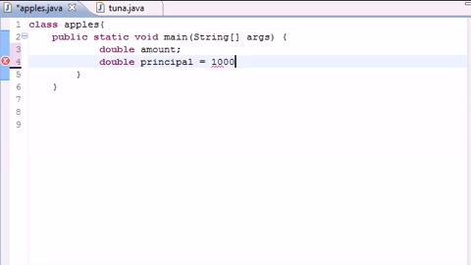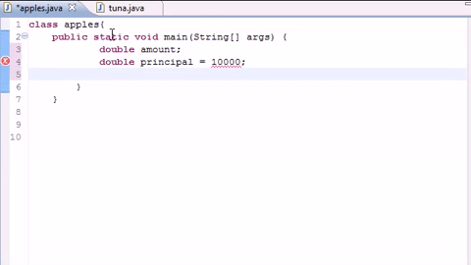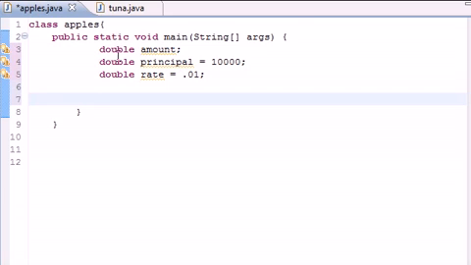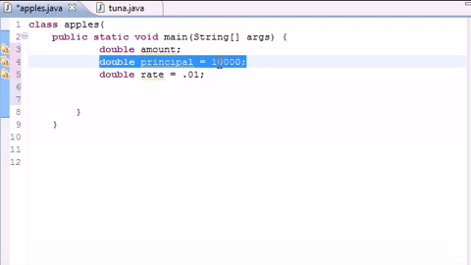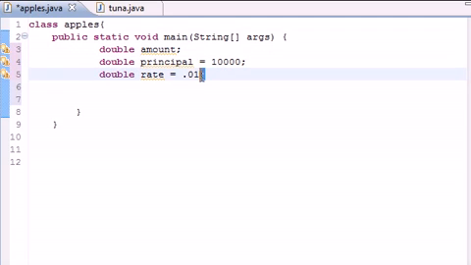Don't put the comma there. So we have the amount and the principal, and the last thing we need is the rate. So double rate equals 0.01, since I'm gaining subscribers at 1% a day. Now that we have the amount, which we're solving for, the principal, the value that I'm starting with, and the rate, 1% a day, we can go ahead and make a for loop to build this program.